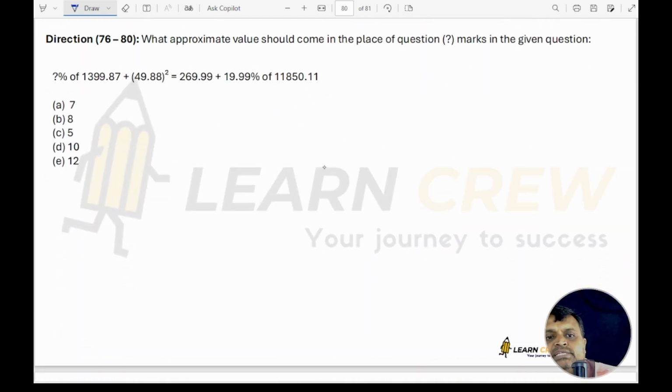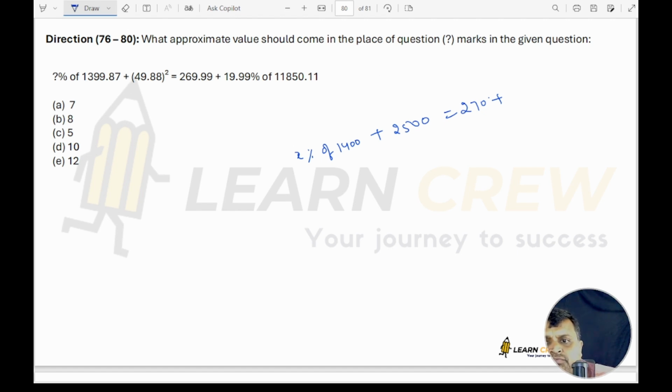Next, how much percentage of 1400? So some x percentage of 1400 plus 50 square, which is 2500, is equal to 270 plus 20 percentage of 11,850. 20 percentage of 11,850 is how much? 11,850 divided by 5.